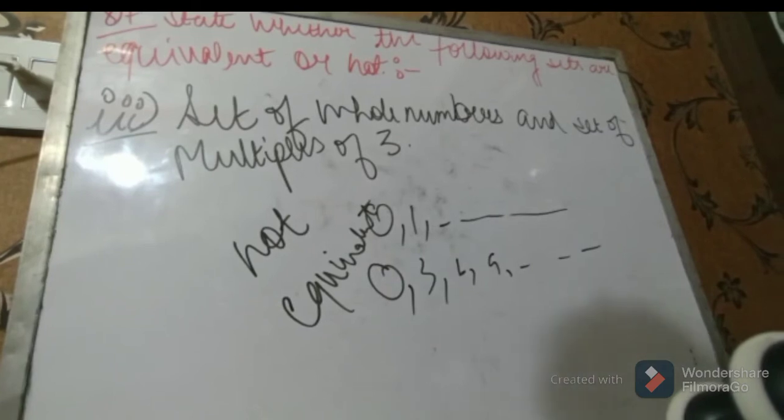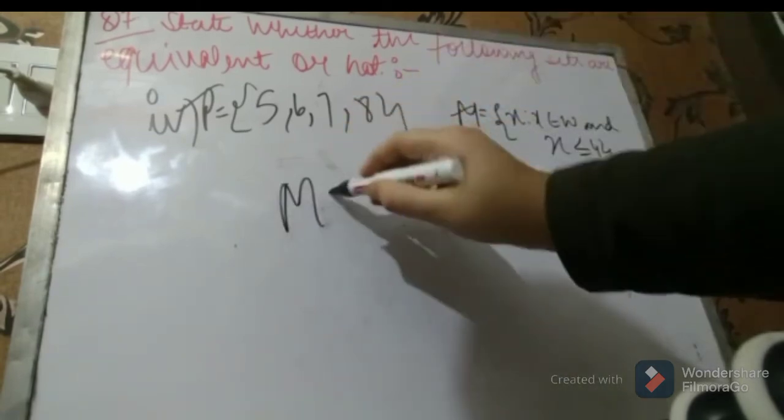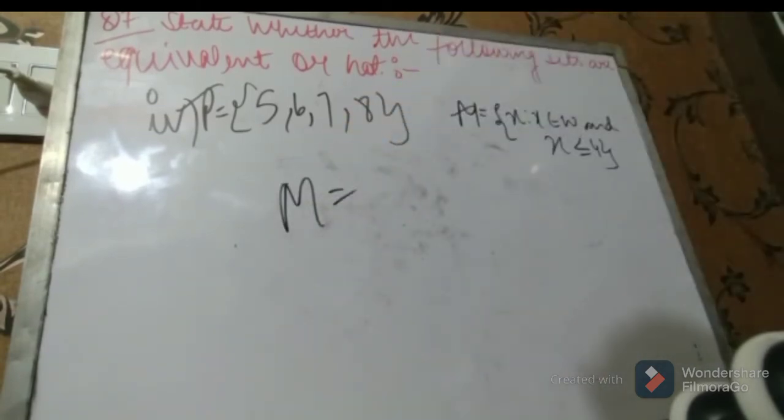Now let's move on to the fourth example. We've been given two sets, the set P and the set M. In the set P, we have 4 elements, and in the set M, we don't know how many elements we have. They have told us that x belongs to whole numbers, and whole numbers start from 0.